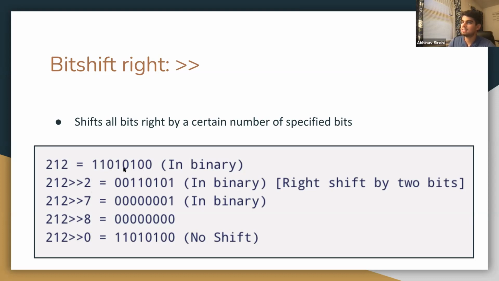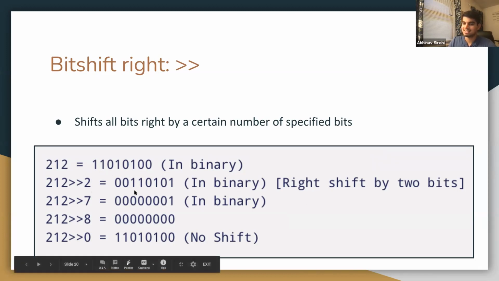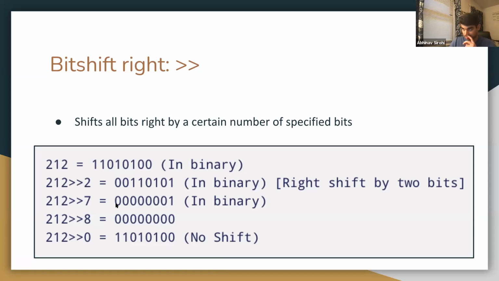As we can see, all of the bits move over to the right 2 places. So that's how bit shifting right works, and these are just a bunch of examples of how that works. And a 0 gets added on to the left side, just like a 0 got added onto the right side in a left shift.